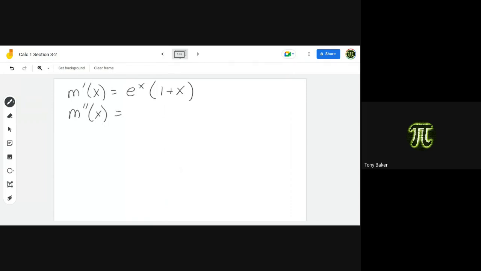Find me the second derivative. I changed it to M so you can use F and G. Don't use M squared.